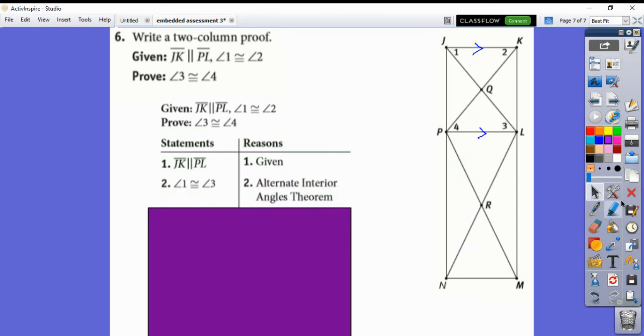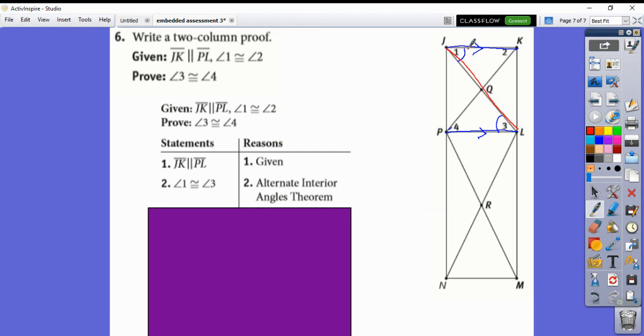If that is true, then we know that angle 1 is congruent to angle 3. How do we know that? Well, we know that because these are alternate interior angles. Here are two parallel segments. Here is our transversal, segment JL.